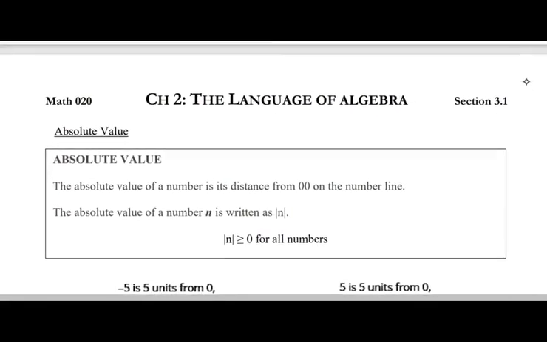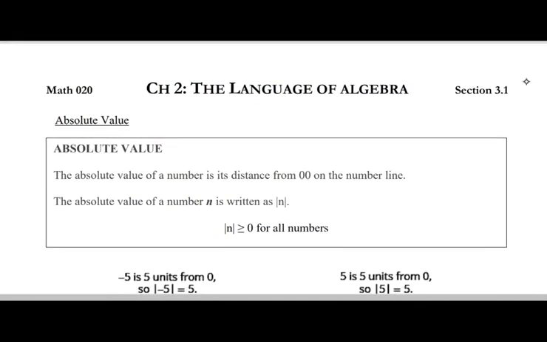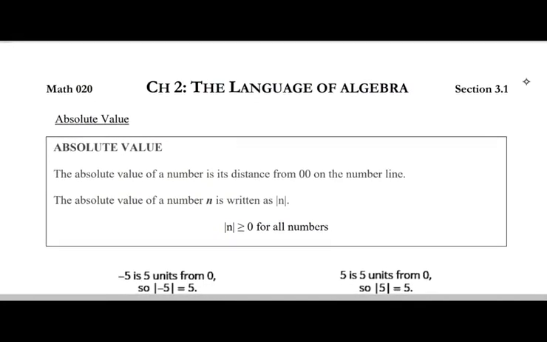All right. So the last two concepts. So far we've covered representing numbers on the number line. We have represented numbers in real life, and we compared integers. So the last two concepts that we will be talking about are absolute value and opposite of a number. So first, the formal definition of the absolute value.